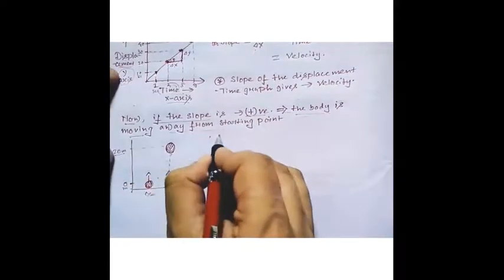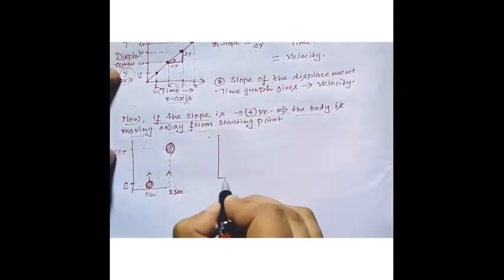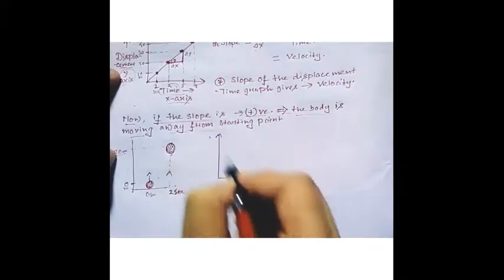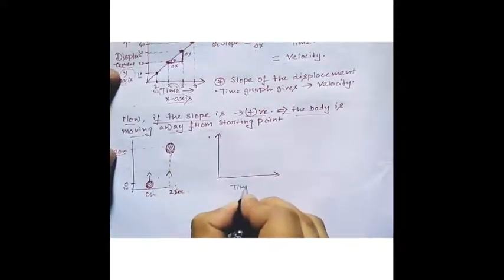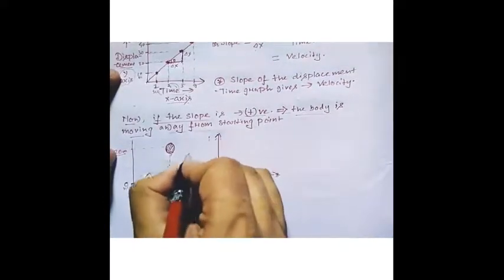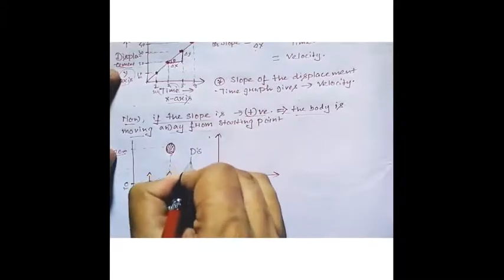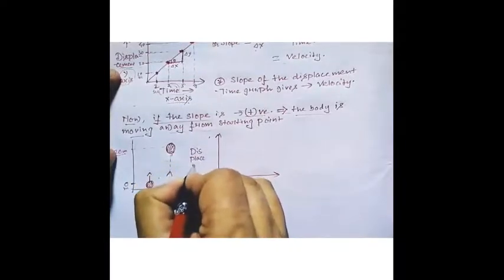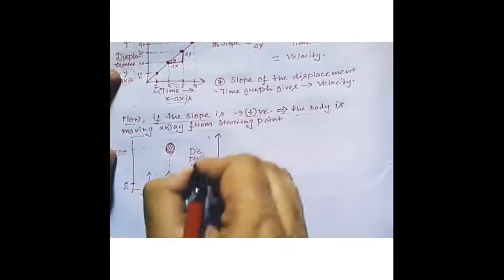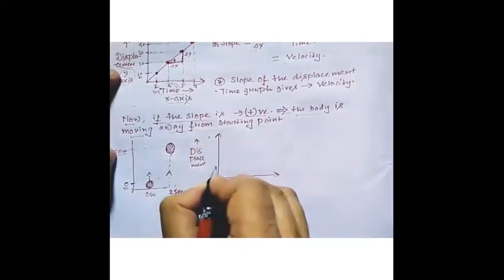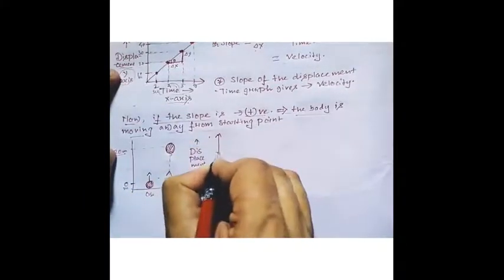Now I draw the relevant diagram, the displacement time graph of this event. This is displacement, and this is the marking of displacement.